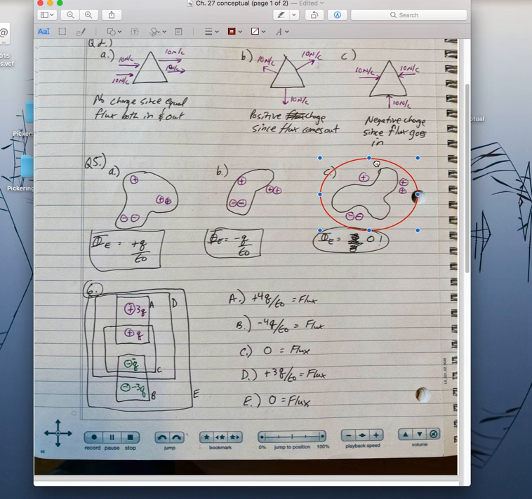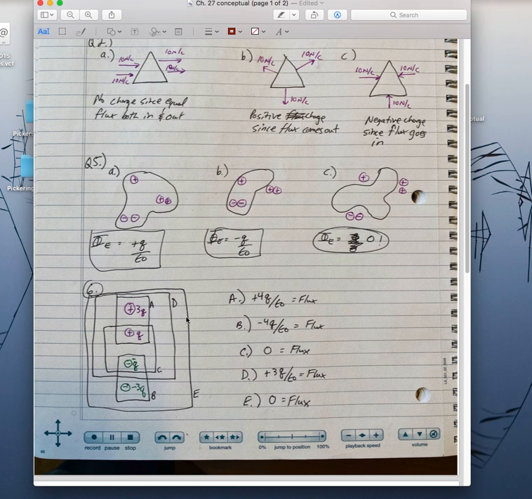It had +3 charges and -2, so plus Q, this would be minus Q, +3Q, -2Q, stuff like that. So it all depends on what's enclosed.